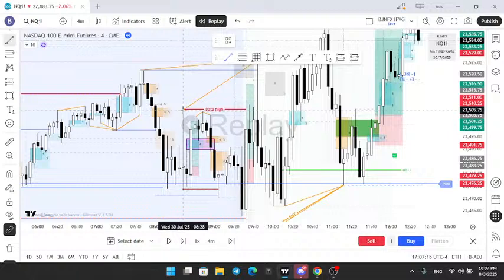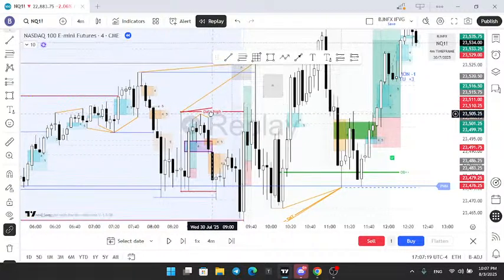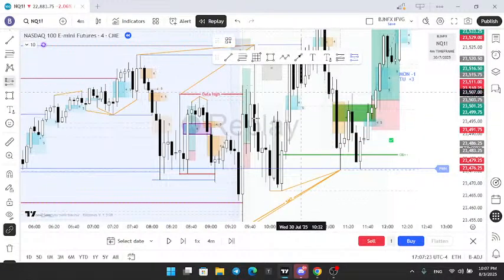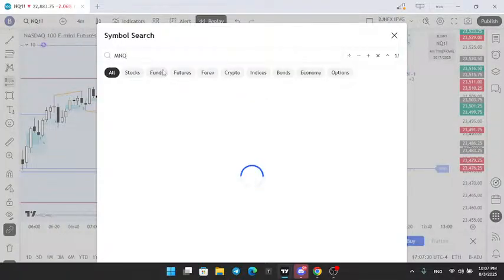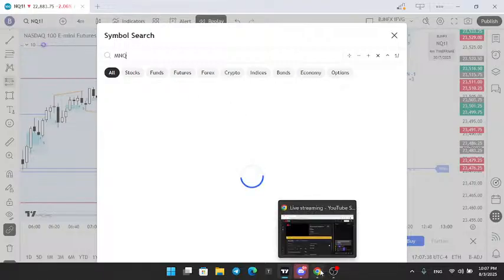Anyway, MNQ swept this high, but NQ didn't. The charts are a little bit different. MNQ. Yeah, bad internet speed. Really bad.